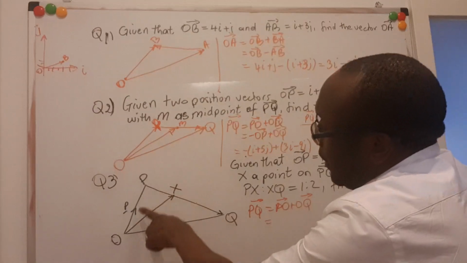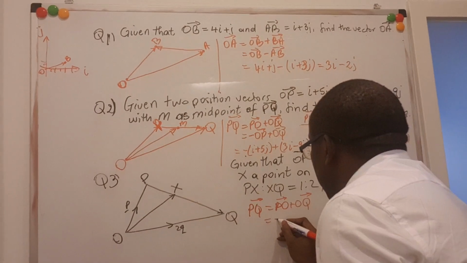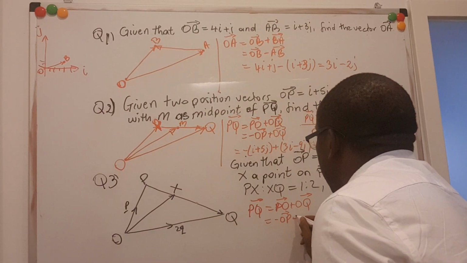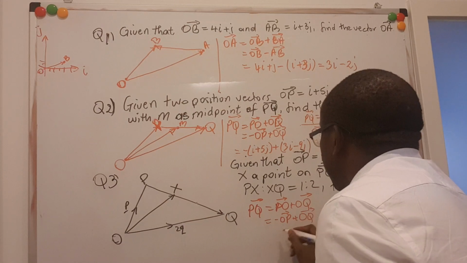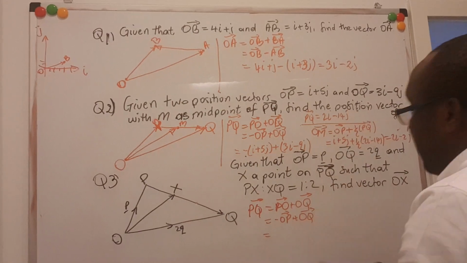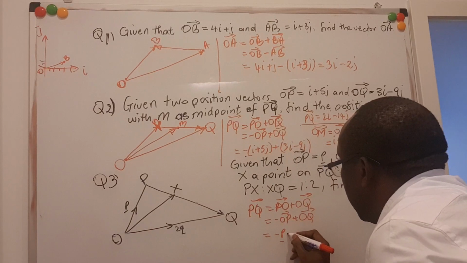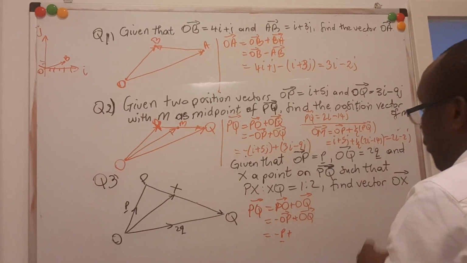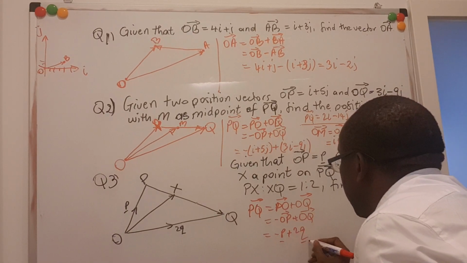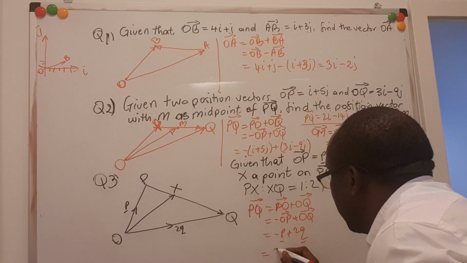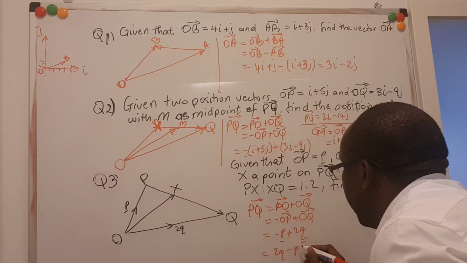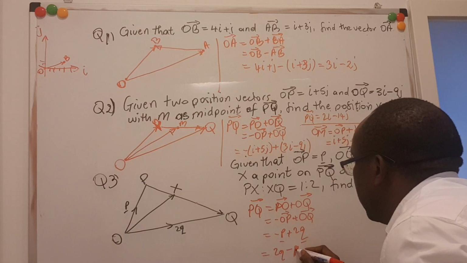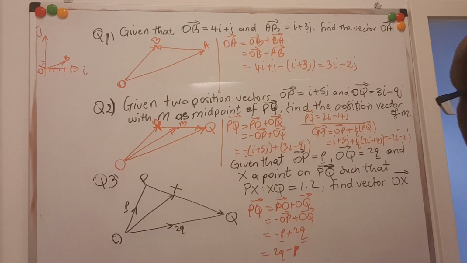As usual, PO is in the opposite direction, so that's minus OP plus OQ. OP is p, so that's minus p, plus OQ, which is 2q. To write it neatly, because mathematics is beautiful, I will write it that way. This is the math salon, remember?